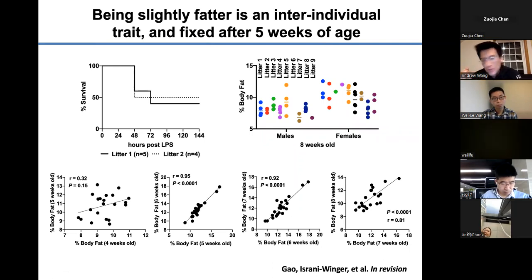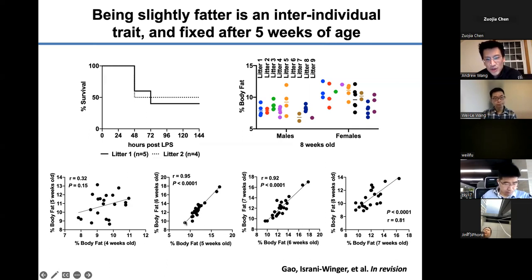And then we wanted to know how stable the percent body fat was as the animal developed. And so what Michael and Kavita did was they MRI'd animals serially, starting from 4 weeks of age. And they've actually done this quite far out now. What they found was that if they looked at the same mouse at 4 weeks of age and plotted against its fat composition at 5 weeks of age, there really wasn't a nice fixing of body fat composition.